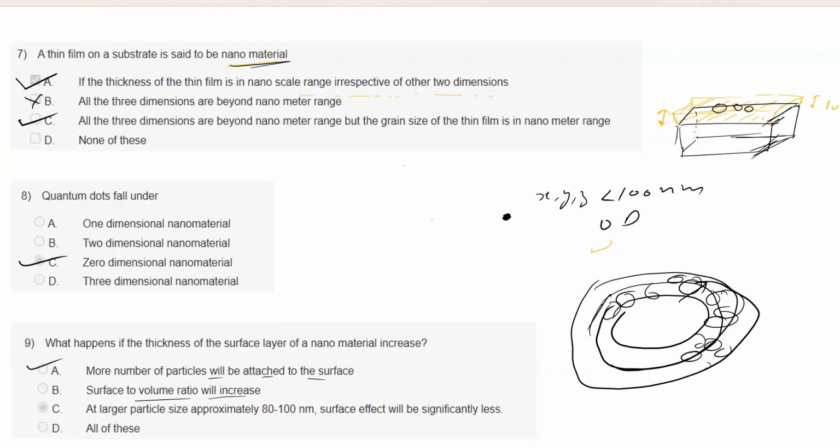Surface to volume ratio will increase, since the bulk volume is reducing and your surface is increasing. Surface to volume ratio decreases, and the effect due to surface will diminish, if the particle size is relatively big.